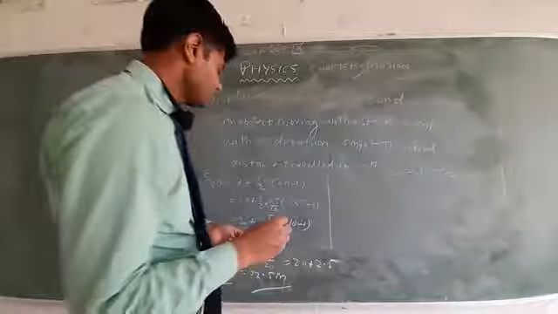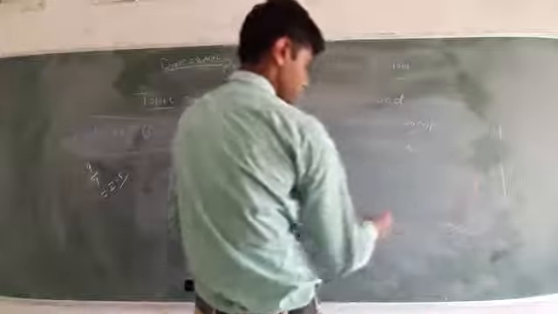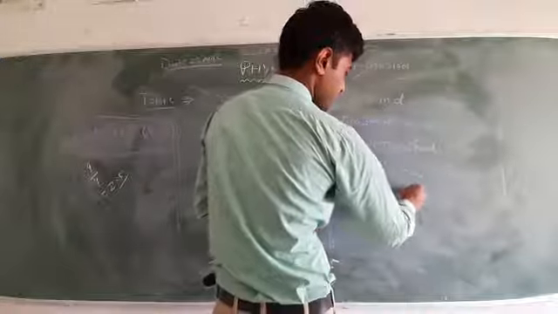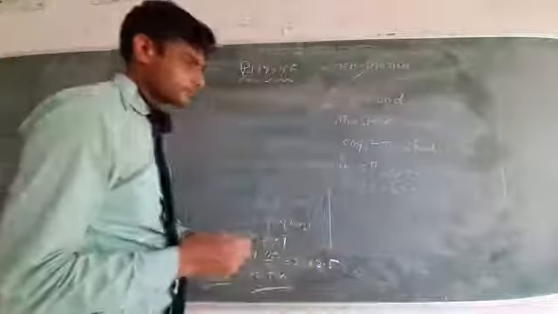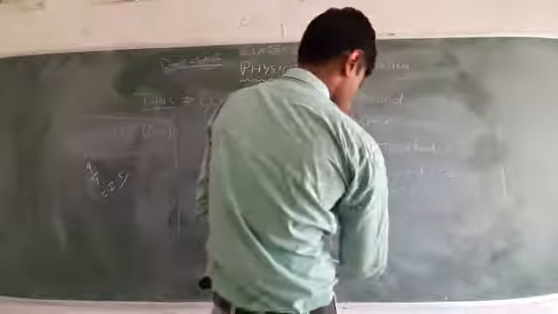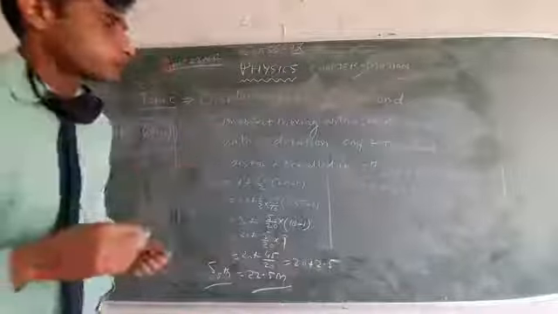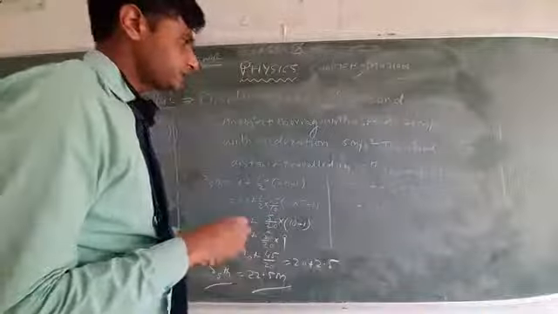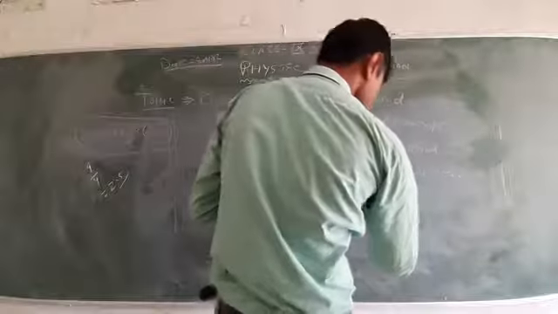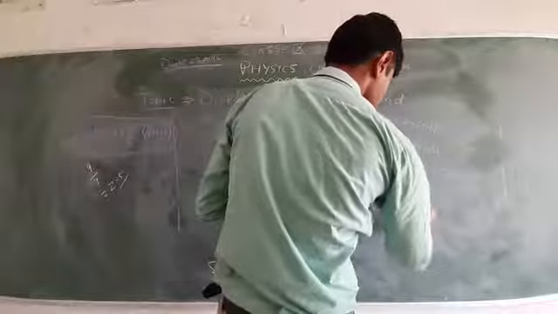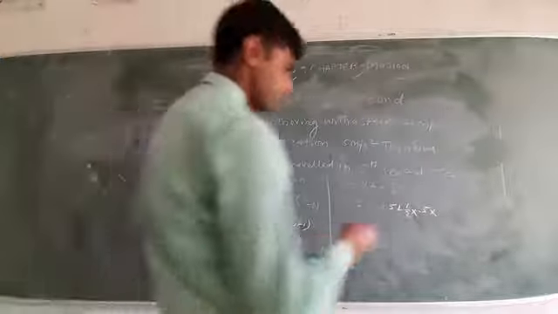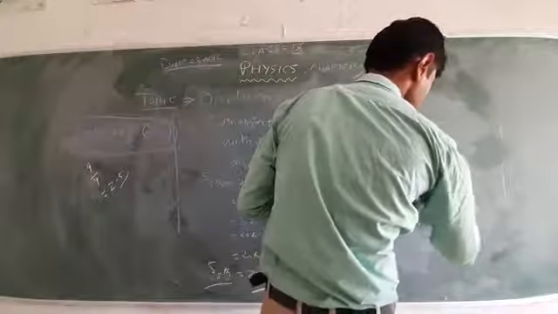Now we have to find the distance traveled in 5 seconds. So you have to use S equal to ut plus 1 upon 2 at square. So the value of u is 20, the value of t is 5, 1 upon 2, a is 0.5, and what is the value of t? t is 5 square.